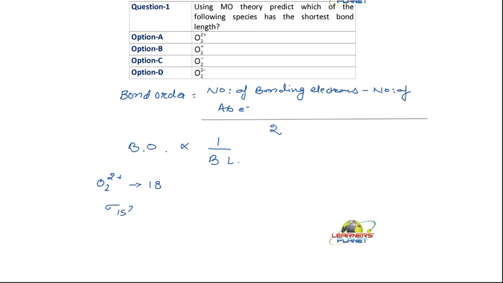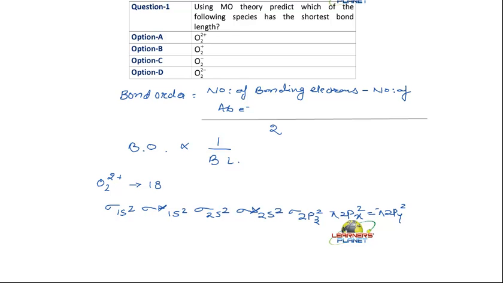We'll have sigma 1s2, sigma anti-bonding 1s2, sigma 2s2, sigma anti-bonding 2s2. Now as it is oxygen, what will come here? It will be sigma 2pz2, then pi 2px equal to pi 2py, that is 2 each.